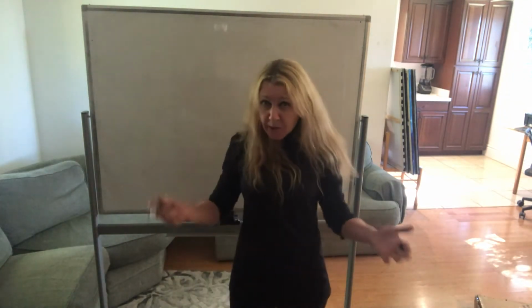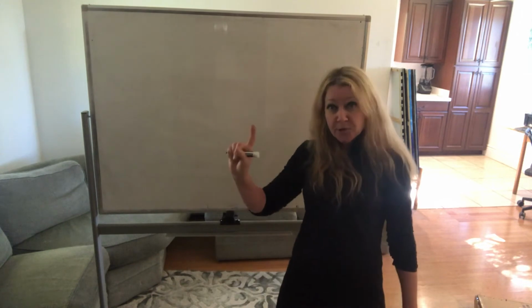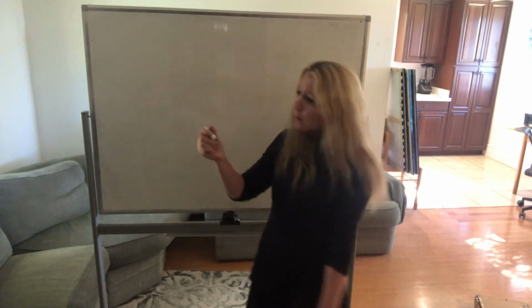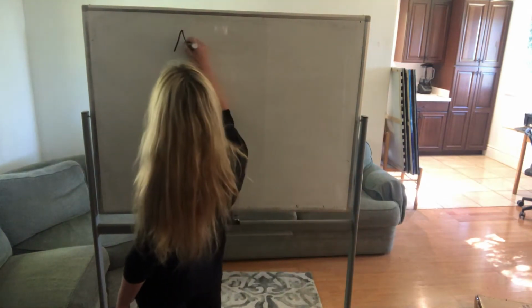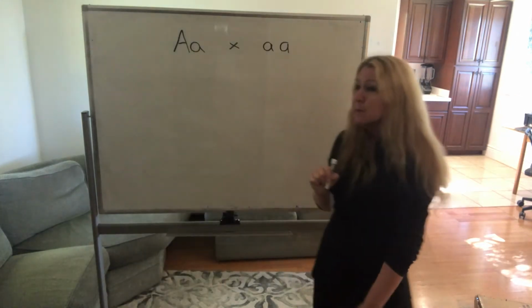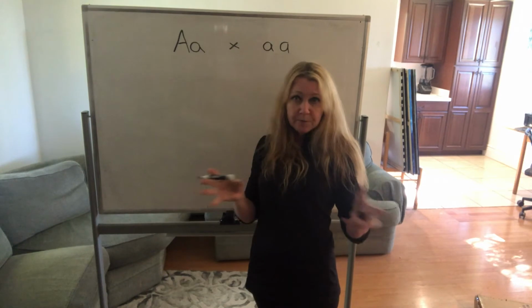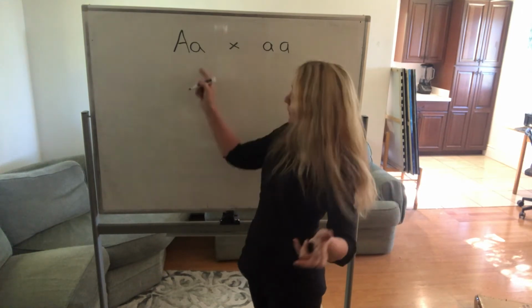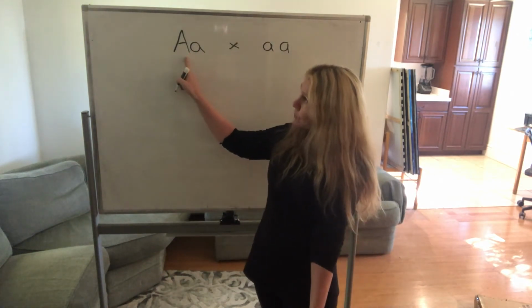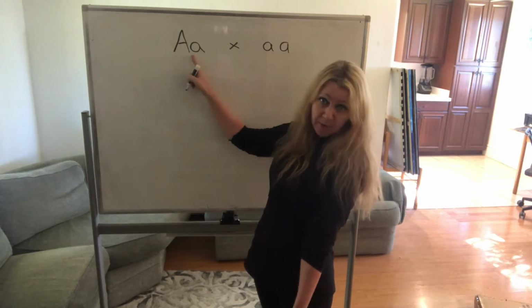Review, if we're looking at a monohybrid cross, that's a cross for one trait. Mono means one. So for example, I'm just going to use a gene, making up a gene I'm going to call letter A. We have one individual that is big A, little a, a heterozygote.